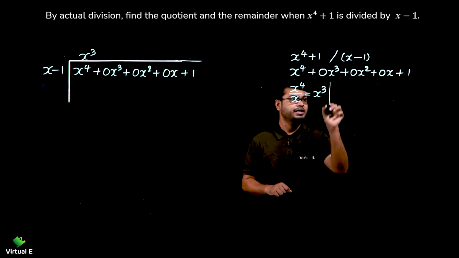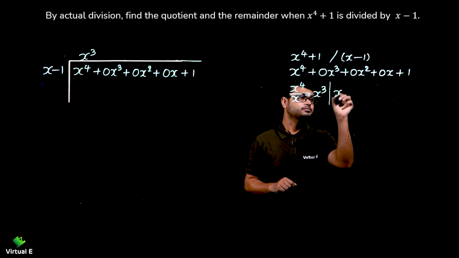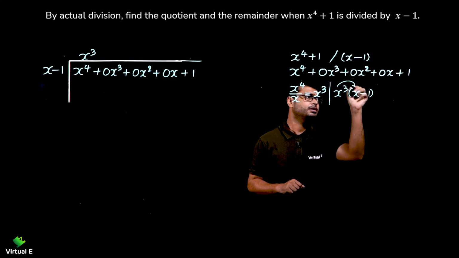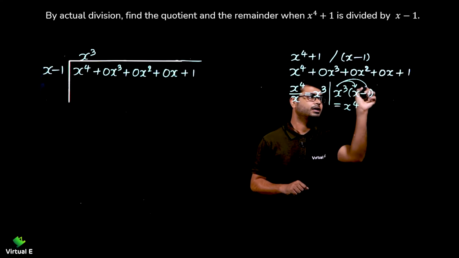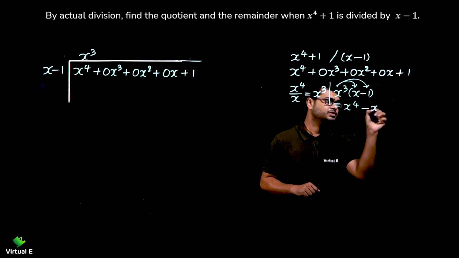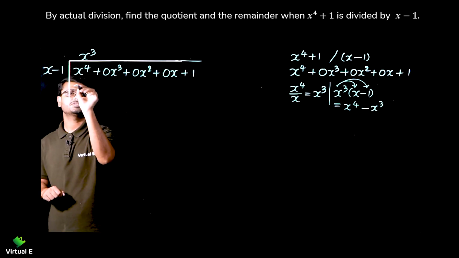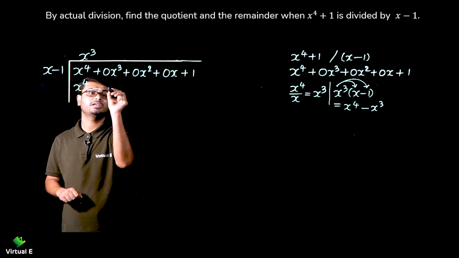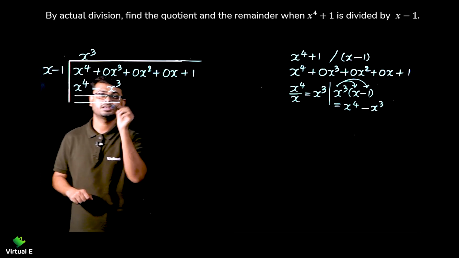Now x raised to 3 needs to be multiplied by what? The divisor. So here we will get x raised to 4 and here minus x raised to 3. Now see, let's change this sign.